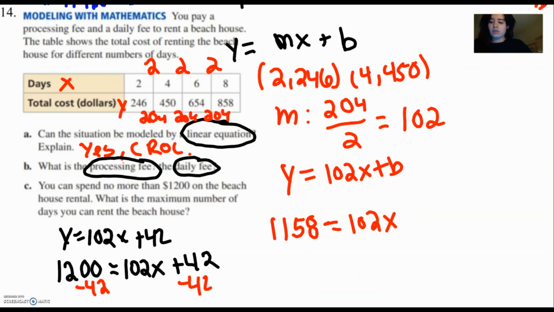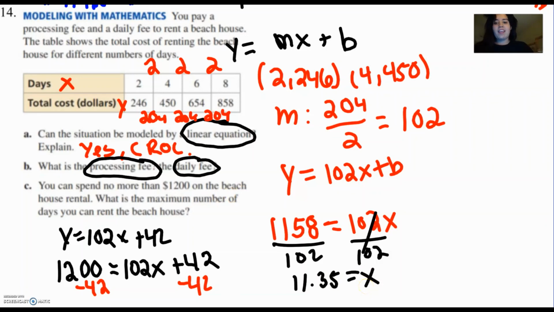Now we're just going to divide by 102, and divide by 102, and we get 11.35 equals x. And if it's whole number of days, you cannot spend a whole day and also spend 0.35 of a day. So we're going to say our maximum is 11 days. Okay.